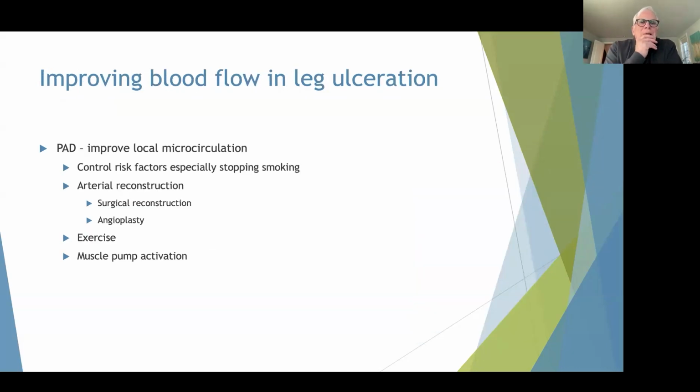So what do we do when we have patients with a problem with an ulcer due to arterial disease? Obviously we want to improve the local microcirculation, and there are some simple things to do to begin with. Stopping smoking is a really, really important one.